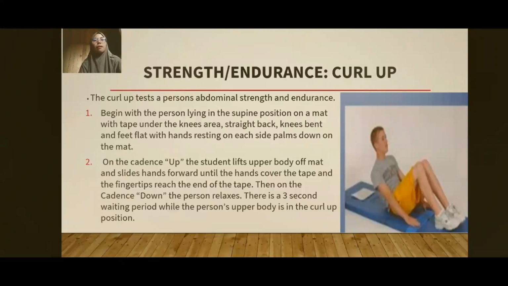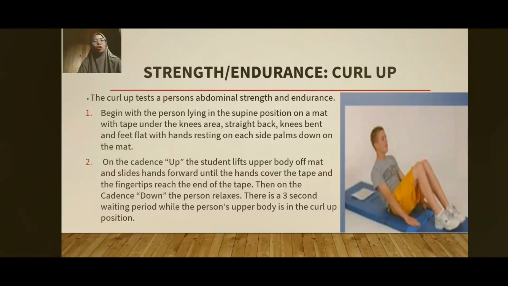So the curl-up measures a person's abdominal strength and endurance. First thing you need to do is begin with the person lying in the supine position on a mat with the knees bent, feet flat, and arms straight with hands resting on each side, palms down on the mat.